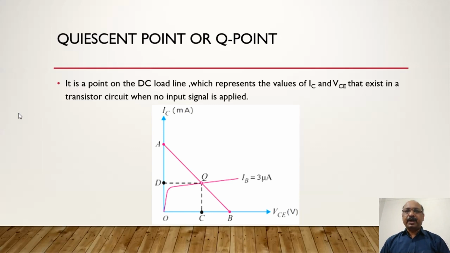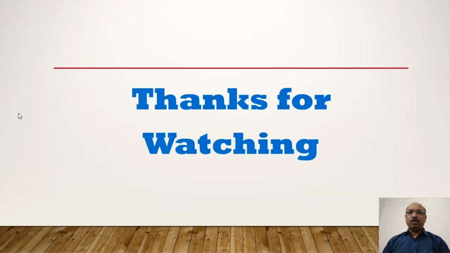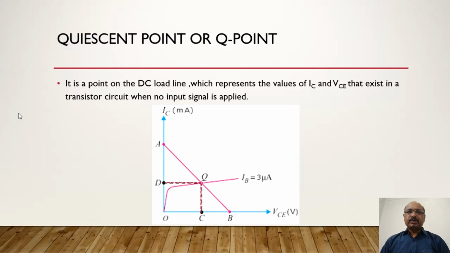Let us see this figure. We have drawn the output curve and this is the load line for a transistor in the absence of an input signal. The intersection of the load line with the output curve is at the point Q. This is the Q point of the transistor. If we draw the tangent along the x-axis and y-axis, it gives the coordinates of the Q point, denoted as C and D in this figure.